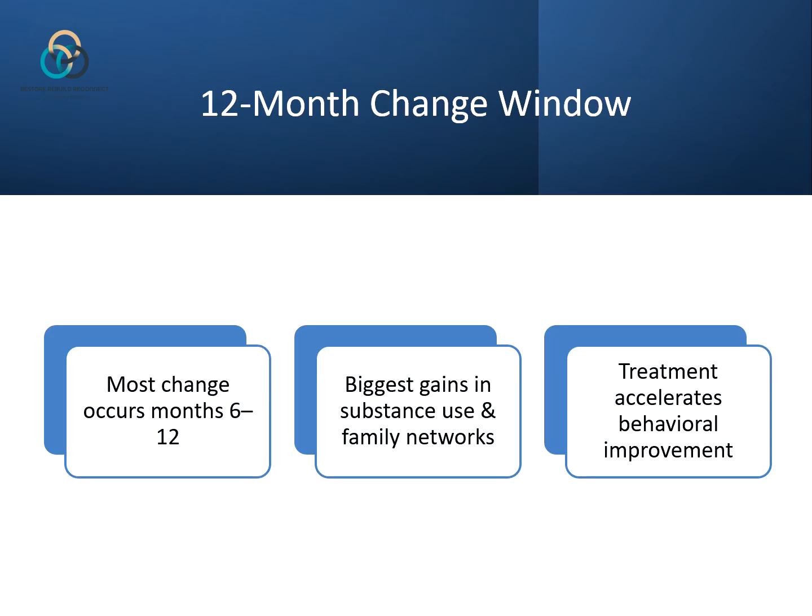Okay, so let's take a look at the 12-month change window here. Not to be confused with the stages of change, but we're going to be taking a look at how clients who are involved with the justice system can change within a 12-month period.